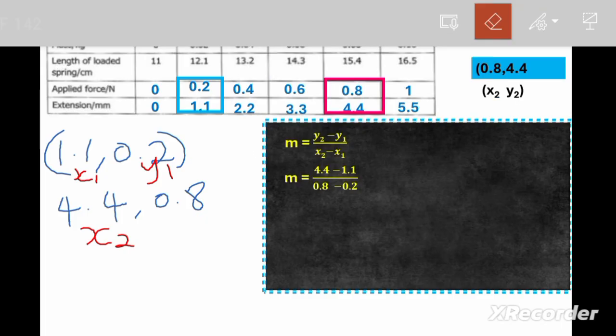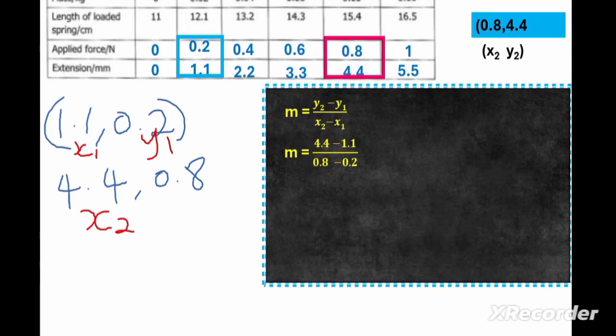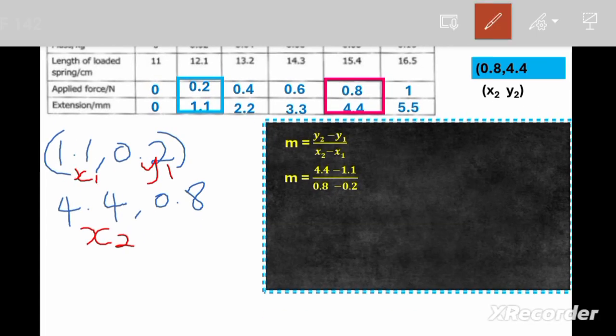Then let us forget about the earlier one. I made a mistake: I started with y instead of starting with the x.